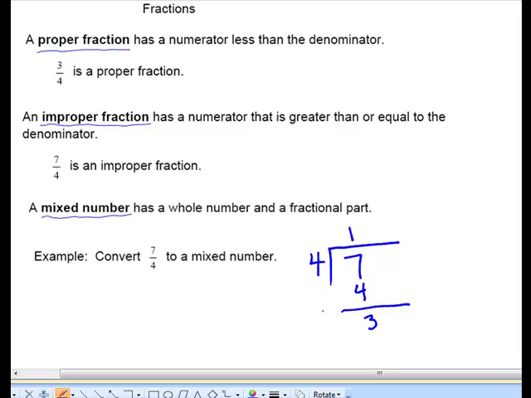Your remainder will go back over your divisor as a fraction. So 7/4 is equal to 1 3/4. And you could also convert these improper fractions before drawing the picture. So we had one whole object and 3 out of the other object.